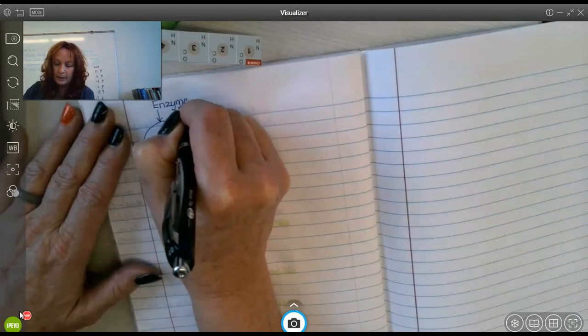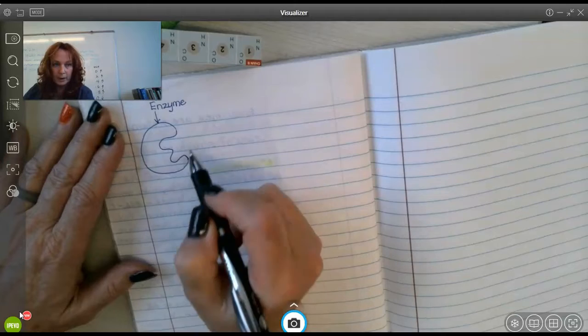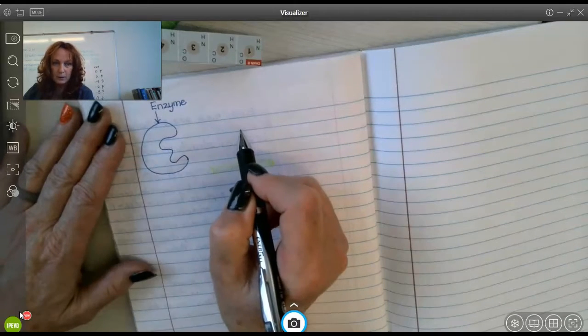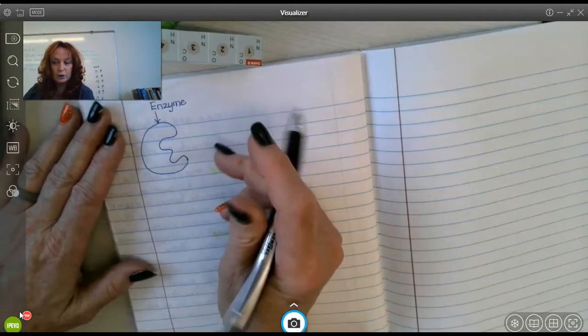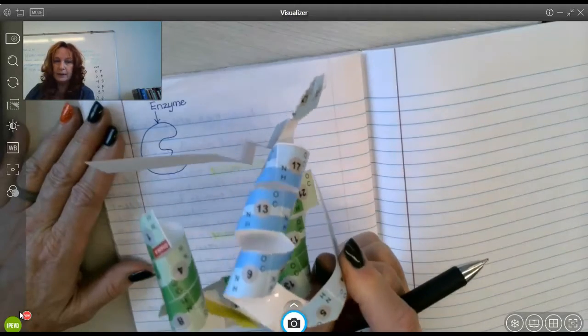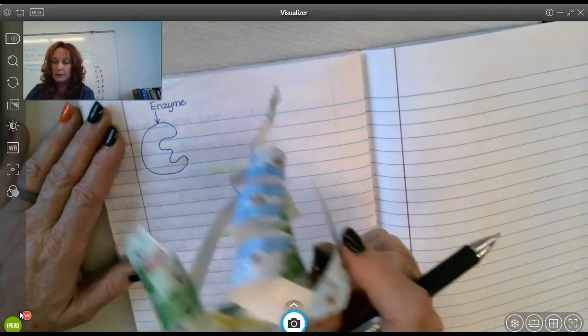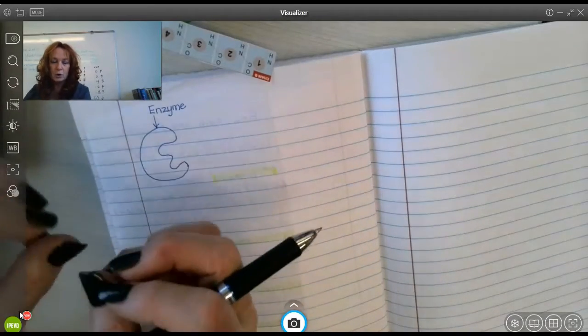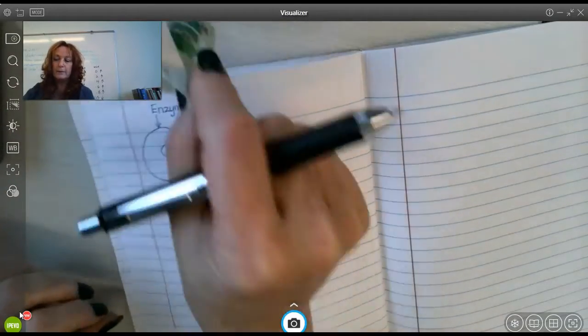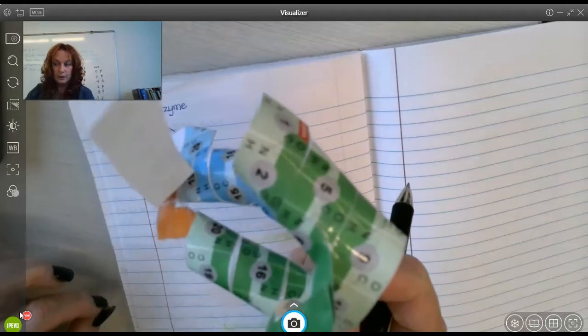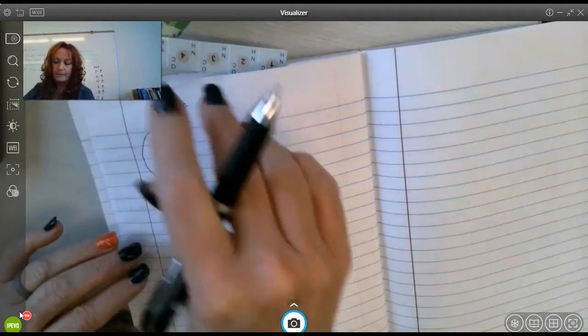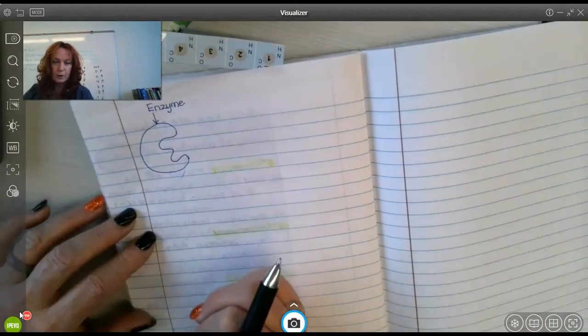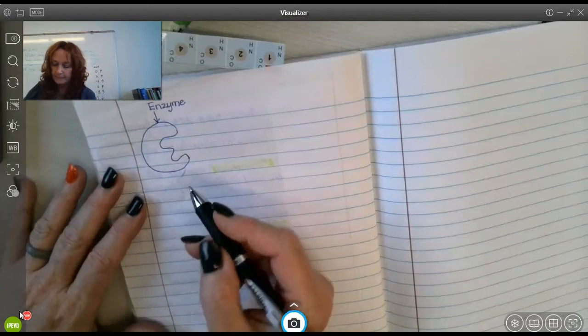The shape it is based on its primary structure of the amino acids in a row, its secondary structure of all of these alpha helices and these beta sheets, its tertiary structure where we had to twist and turn all of that until it folded on itself and we had a 3D shape. That's what this is. So here's my enzyme that's a protein.